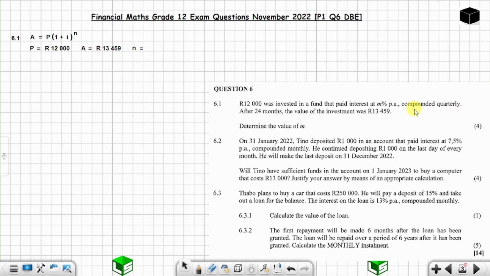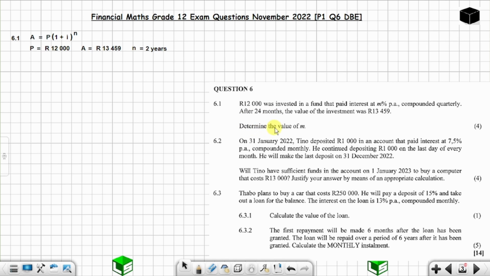If you had compounded monthly, you would leave N as 24 months, but you have compounded quarterly, so let's convert this. This is equal to 2 years. So N is equal to 2 years. If it is written as compounded monthly, you leave N in months.